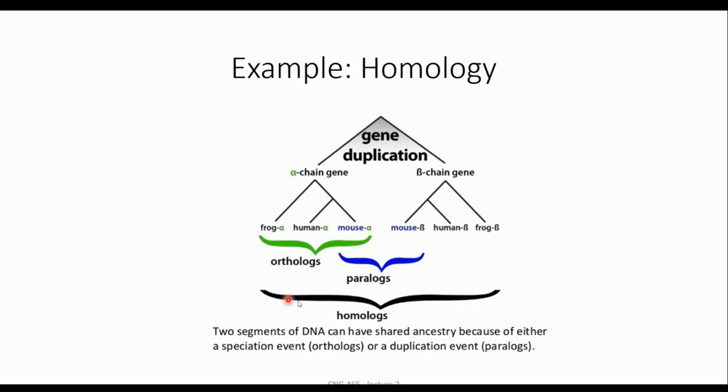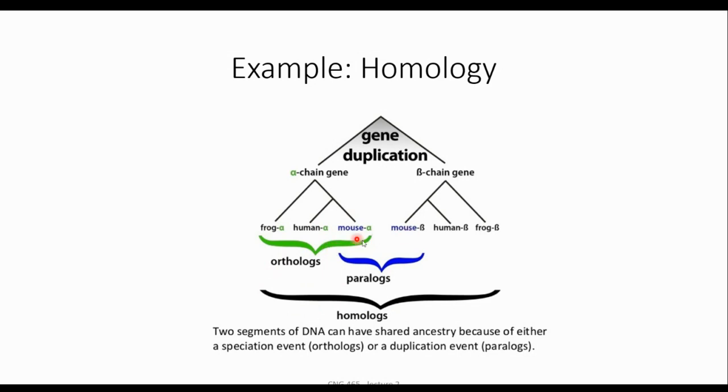So ortholog is a kind of homolog gene. We may call them homologous or homolog genes. These are the terms that they use a lot. So when you see very similar genes in different species or different organisms, in that case, we call them ortholog genes.